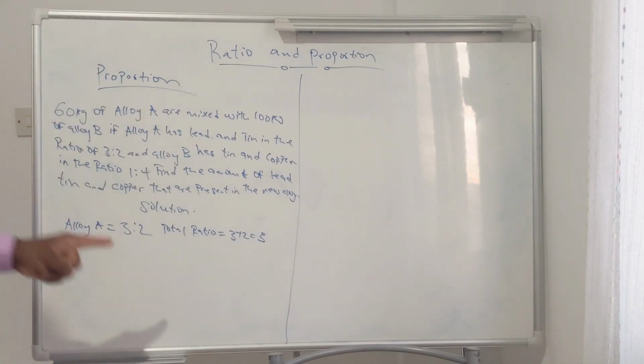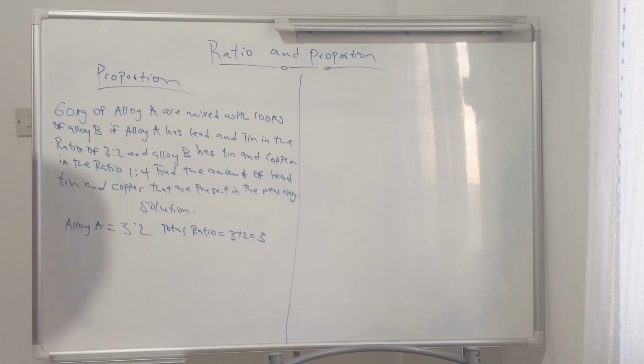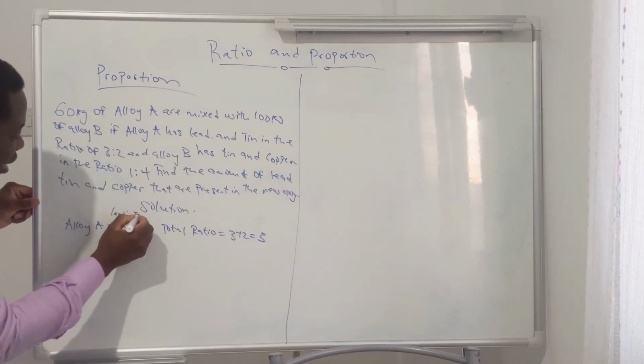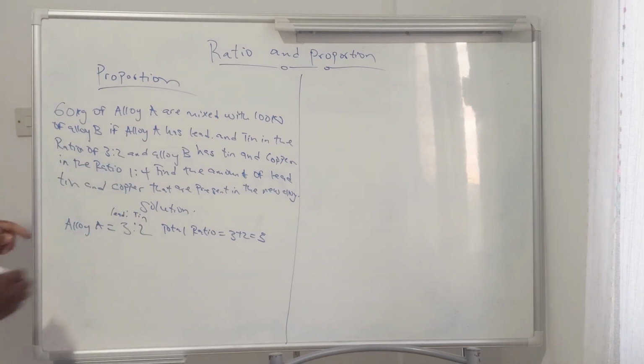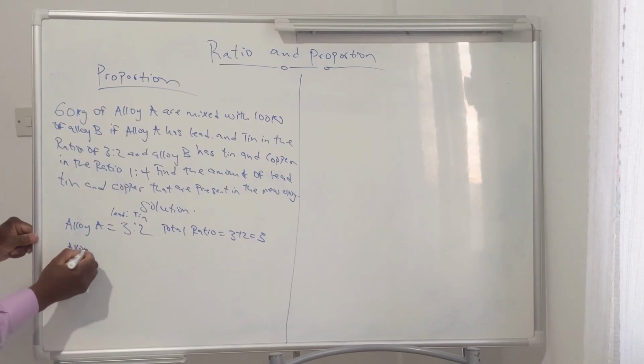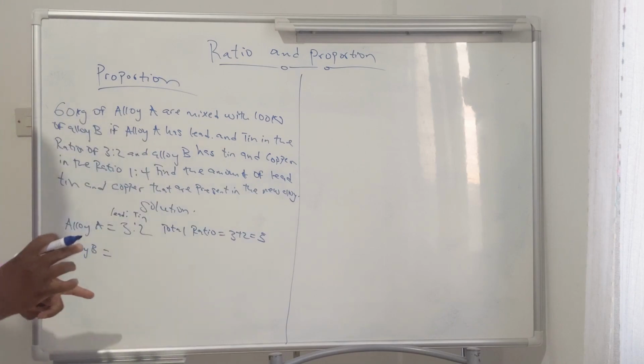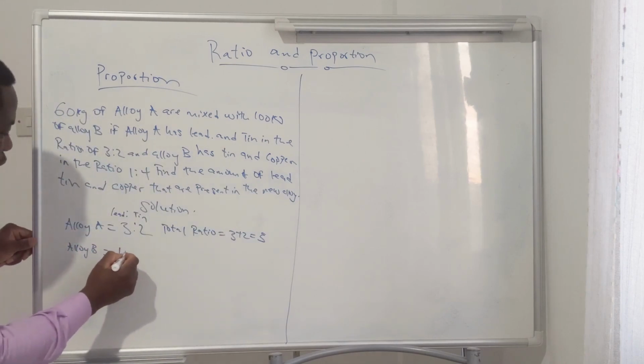Now, alloy B also has tin and copper. So let's not forget, alloy A has lead and tin, so this is lead to tin. Alloy B has tin and copper in the ratio of 1:4.